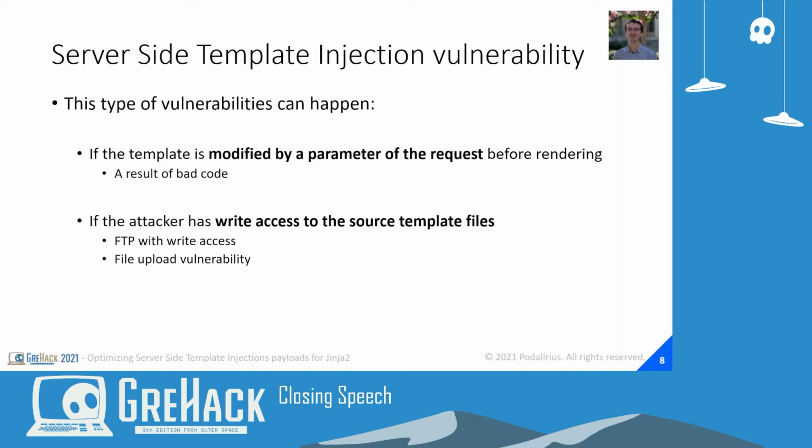And if the attacker has write access to the source template files, for example, using a file upload vulnerability on the web application, or by FTP with write access, or by any means, he can modify the template and inject evil template code to achieve remote code execution or to modify the template.